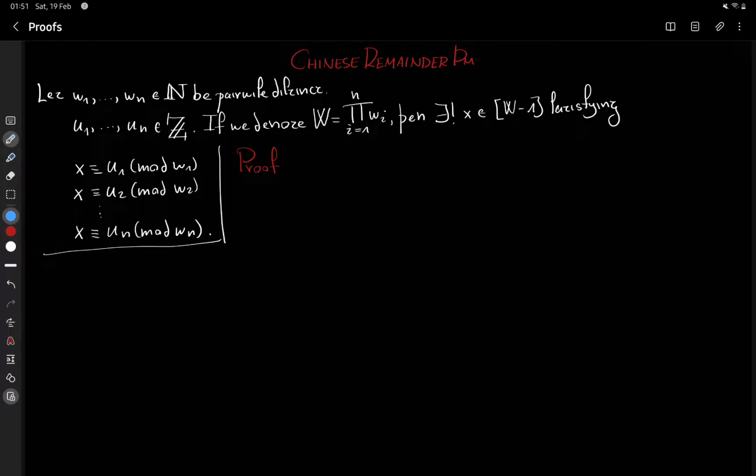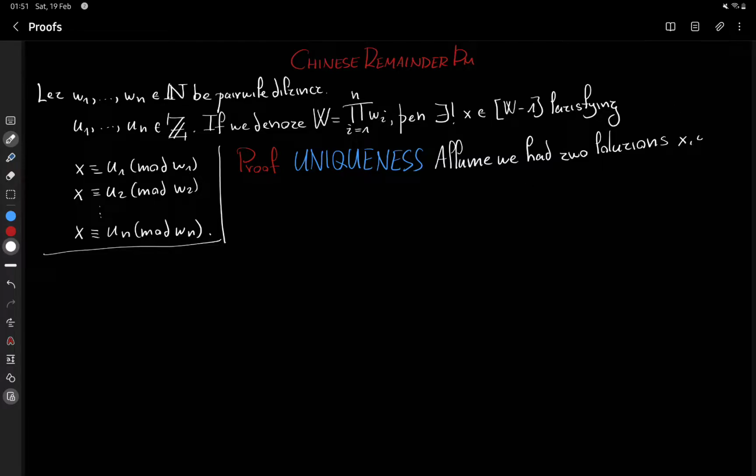Now, suppose we had two solutions, so uniqueness. Assume we had two solutions to the system of congruences, X and Y. Well, this by definition means they satisfy all the requirements. So this means two things.